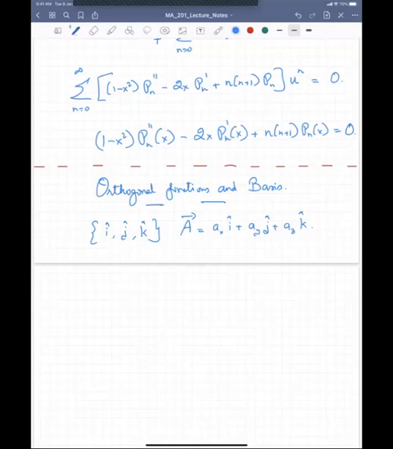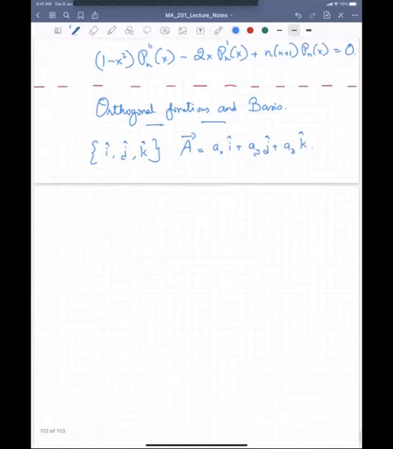This is very easy for us to understand because it is something we are used to, and it's a finite series, so it's easy to wrap our heads around it. But it turns out that the same thing is true even if we have infinite series or in particular functions. In other words, there are some functions that are some kind of basis functions.